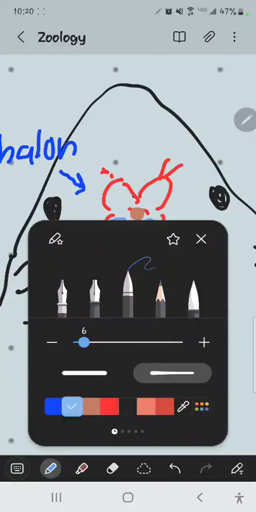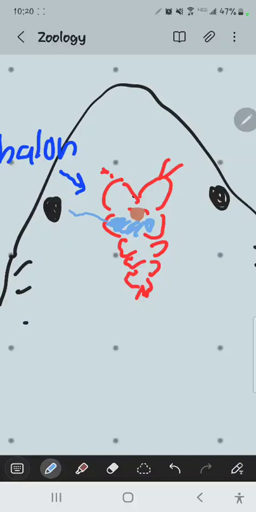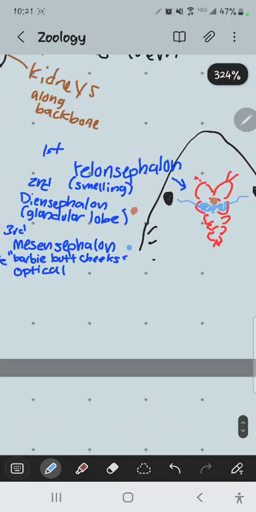And that's kind of how vision is mixed together. That's how, when you look out, you don't see two different images. You see a blend, because that mesencephalon is actually combining the image of both eyes into one image. So that mesencephalon is the optic lobe.